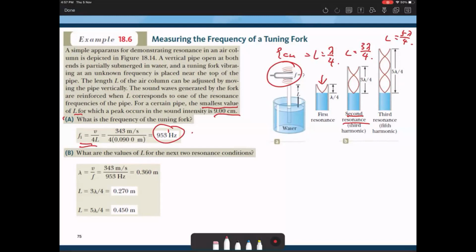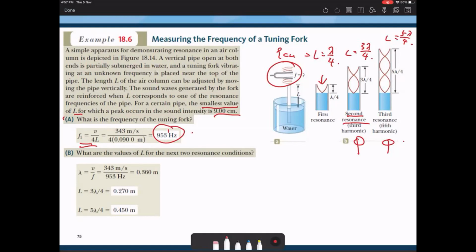And the next thing to do is to calculate the length of the tube at the second resonance and the third resonance. So hopefully the example would not be too difficult to understand, I hope.